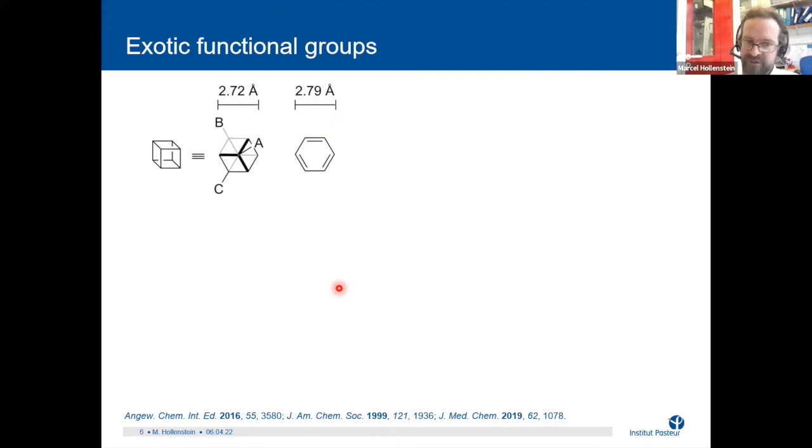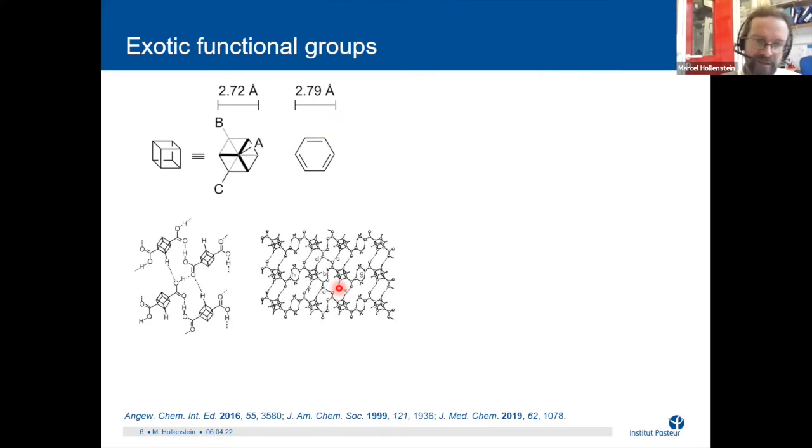First of all, it's not planar, it's not aromatic. There is an important ring strain in the cubane, making all the hydrogen atoms quite acidic, which in turn makes them engage in non-classical CH-O hydrogen bonding interactions.